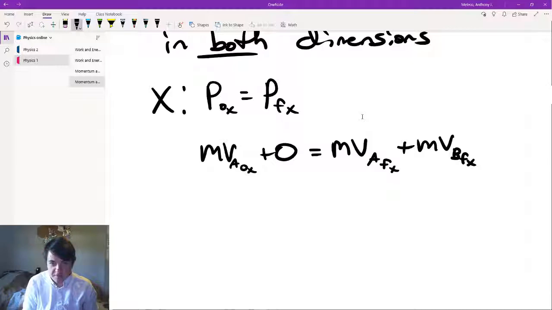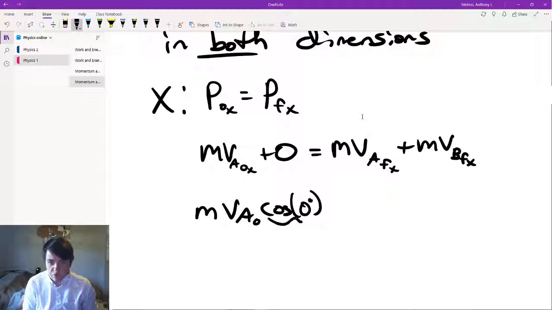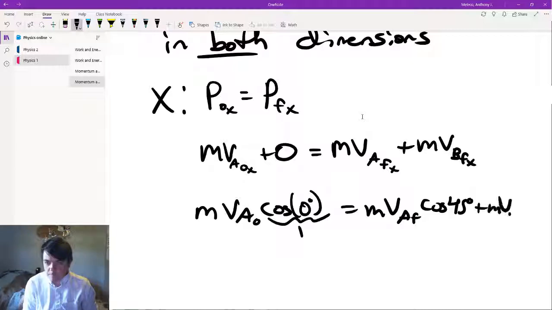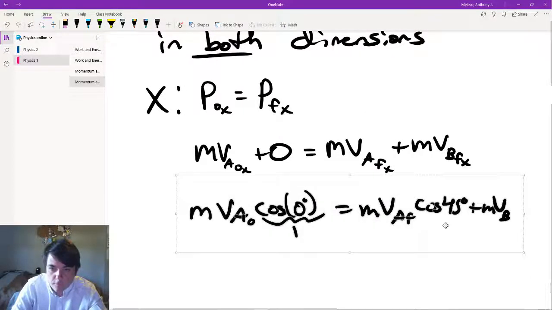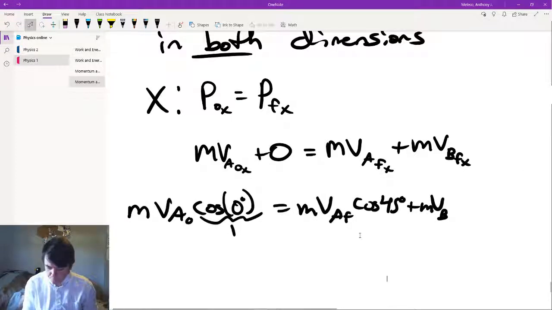And so if we want to write this out, it would be M VAO, because it's fully in the x, so we don't have to do anything with that. That would just be cosine of 0 degrees, which is just 1. These guys would be the VA final times cosine of 45 degrees, except this would be minus 45 degrees.